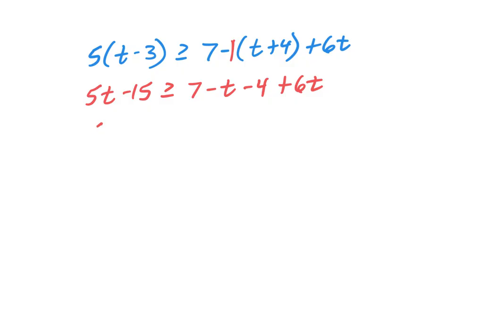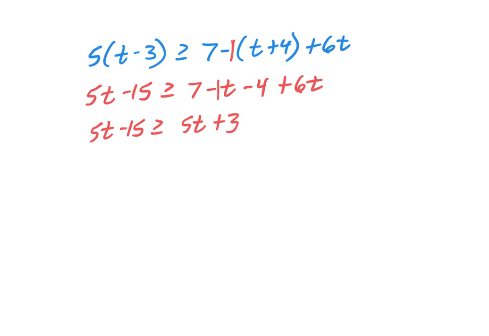Combine like terms. So this would be like a -1t plus 6t, which would be 5t. And then 7 minus 4 would be 3.